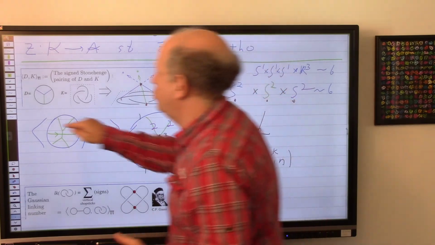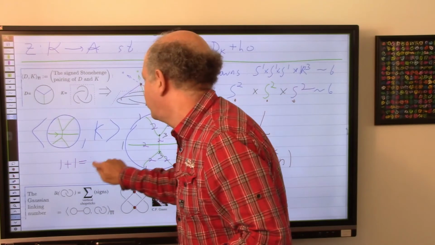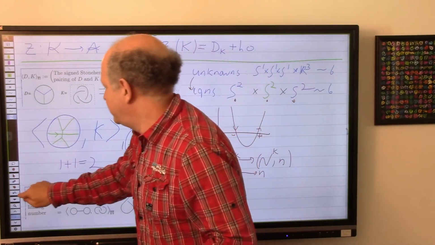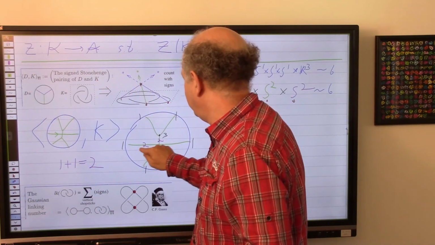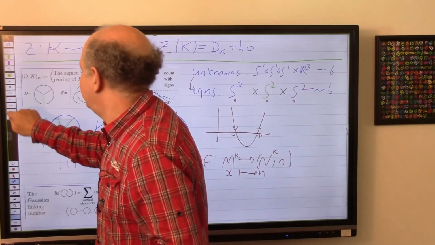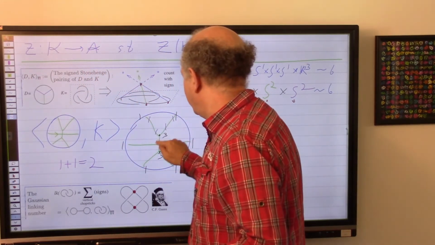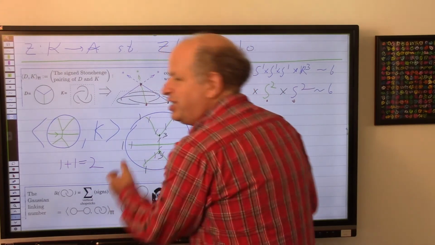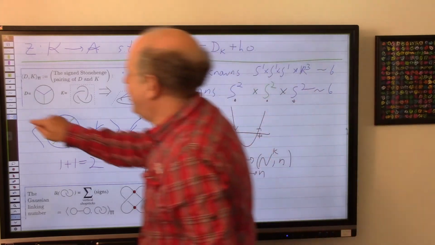And in fact, it's completely trivial. The only thing you need to know is the equality 1 plus 1 is equal to 2. Because instead of writing all of these 2's as the number 2, you write them as 1 and 1, 1 and 1, 1 and 1. So you write 1 near each end of each edge, and that's the same as writing 2 on each edge.